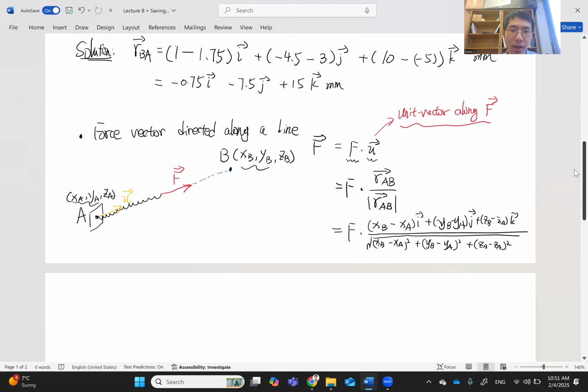Given the coordinates, we can find the Cartesian format of the position vector and then divide it by its own length. That is what we had at the end of the previous class.